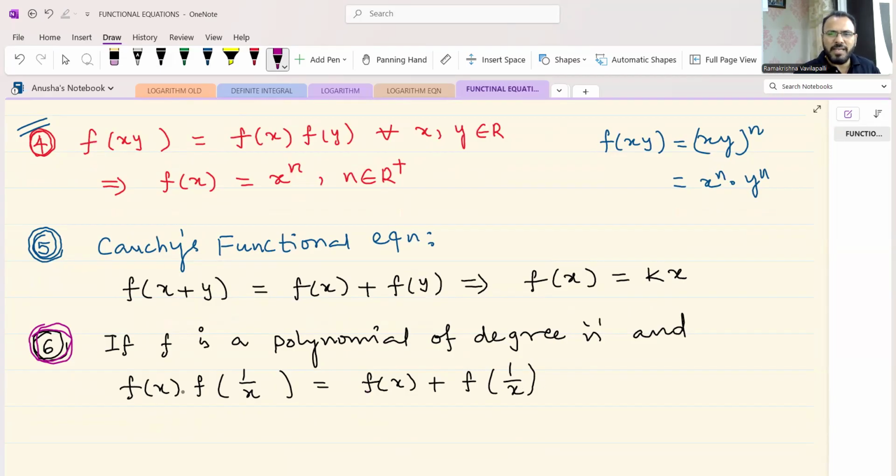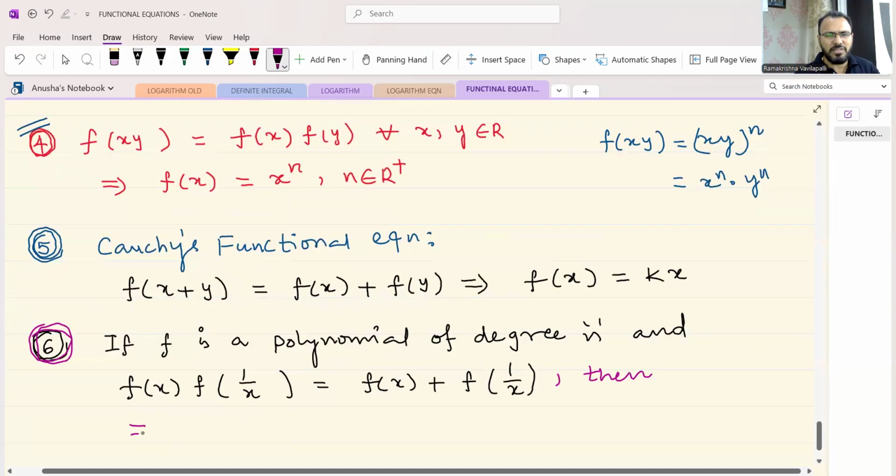So what is the function satisfying this functional equation? If you listen to the class once or twice at 1.5 speed or 1.2 speed, you can easily understand and solve the questions. The function satisfying this equation is a polynomial of degree n.